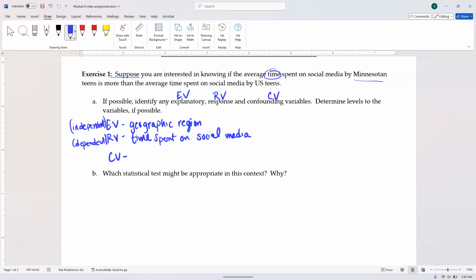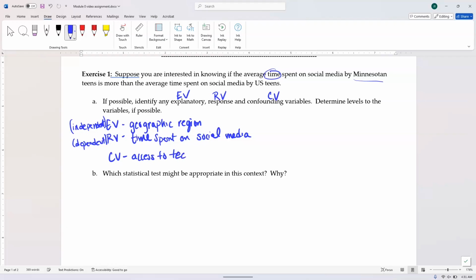Now confounding, for right now, we'll clarify this in later modules, but confounding variables are those that are effectively influencing the variables that we're working with without us directly measuring them. So what is influencing either geographic region or time spent on social media that we're not accounting for? And I would say, well, this could be something like access to technology, right?